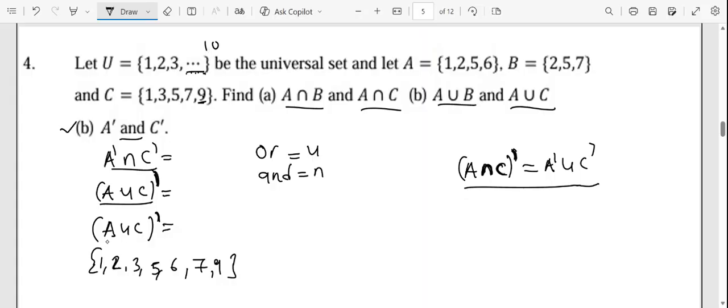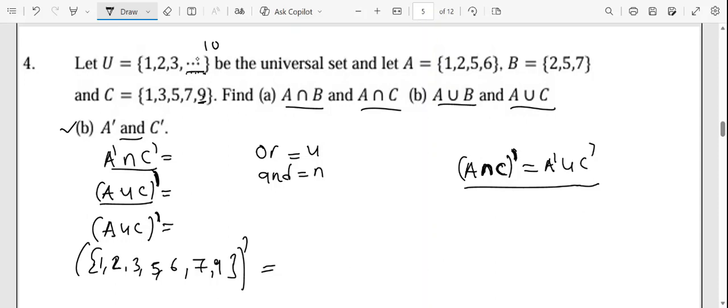So we are talking about the complement of these. You list all the numbers not found in this. 4, of course, is missing.